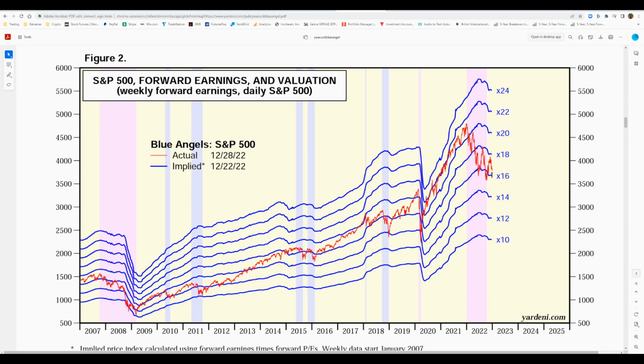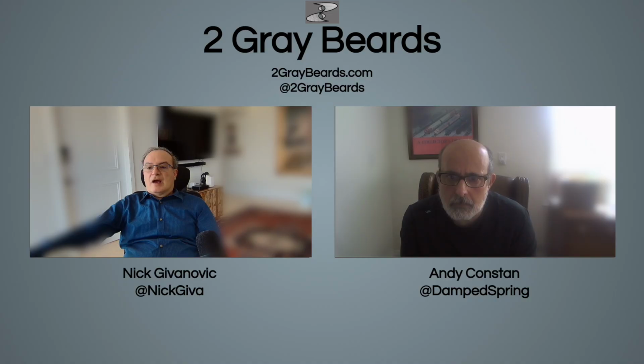Because if we do, equity prices are going to go much lower, probably to around the 3,000 level. And we just don't know that as yet. And we will know sometime, probably in Q1 or possibly Q2 of 2023. And then we will know how to best allocate our scarce capital.